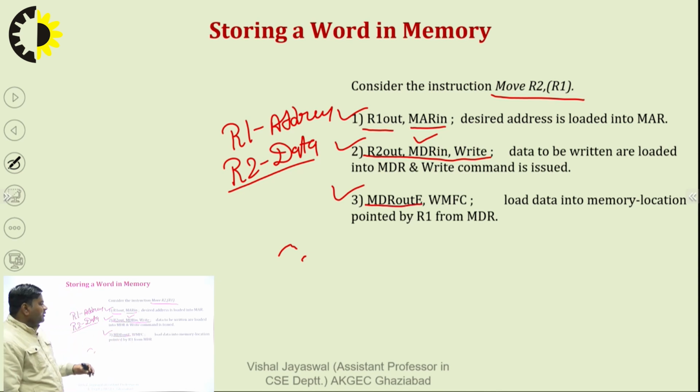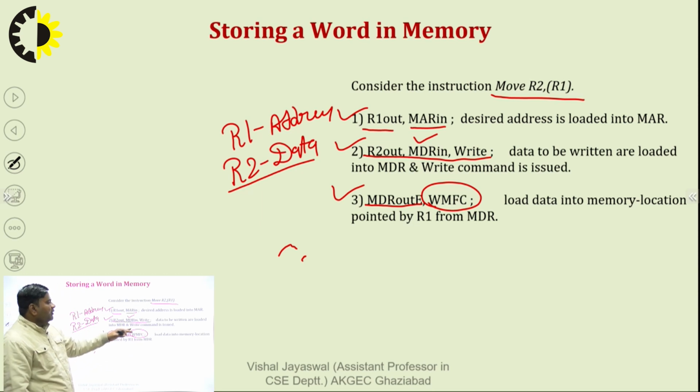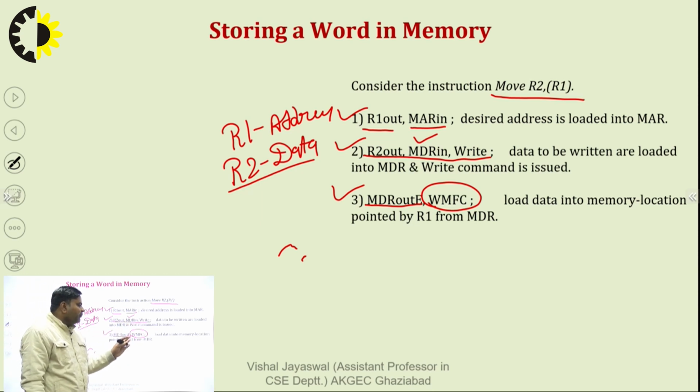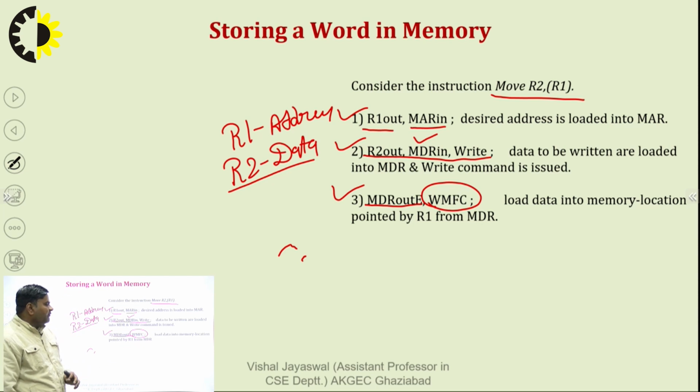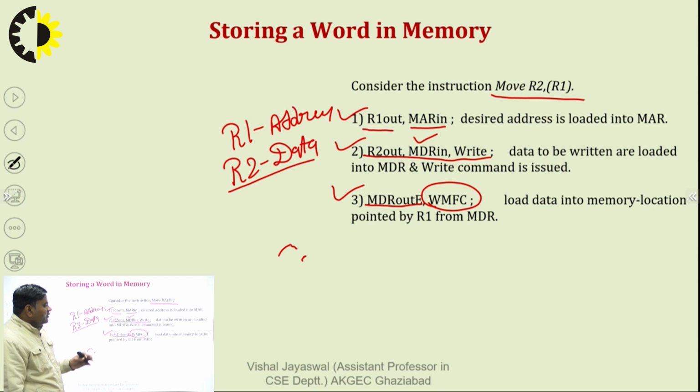MDR out E means the content of R2 goes into the main memory. We have to wait for the memory function completed, so we use the WMFC signal. When memory function is completed, it means the write operation is performed.